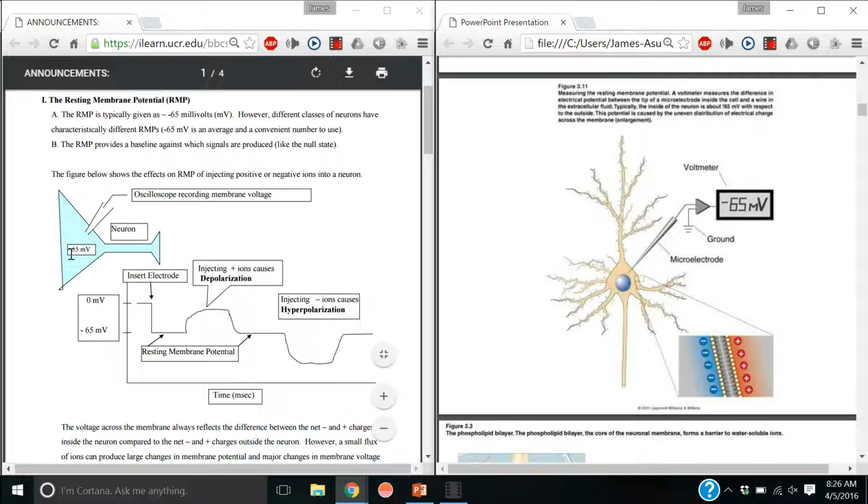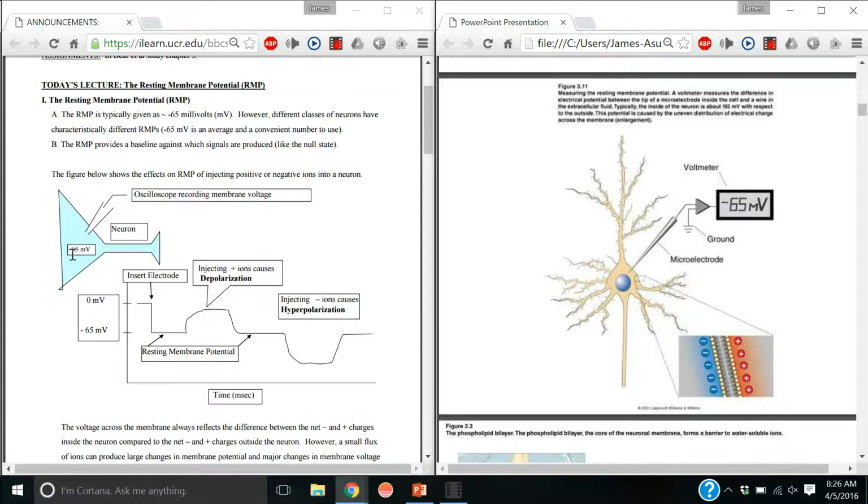You see that the intracellular voltage is minus 65 millivolts, and this represents a microelectrode that's penetrating the membrane, so that the reading on the oscilloscope is the voltage difference from inside to outside of the neuron. That's represented on the graph below. Here you have membrane voltage as a function of time. No particular units of time, but these are quick changes, so milliseconds, thousandths of a second. And only two values are given here: one is 0 millivolts, and the other is minus 65 millivolts, which is the resting membrane potential.